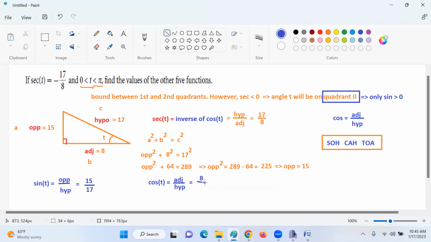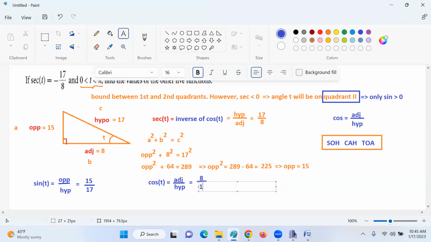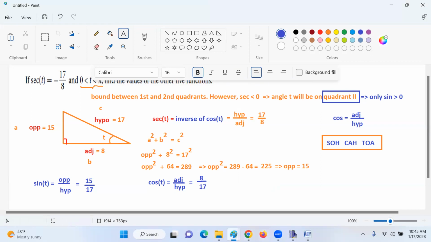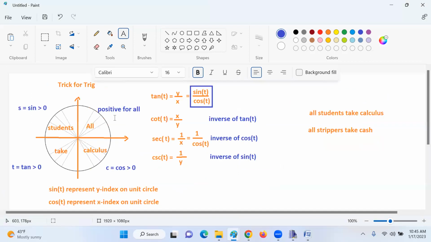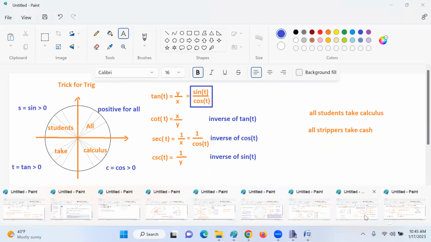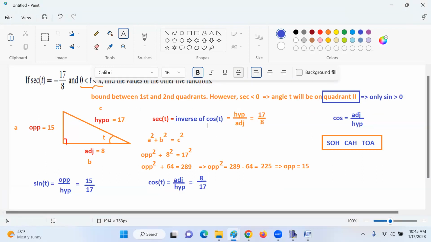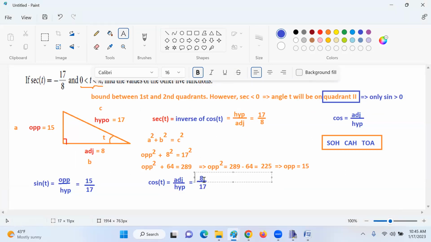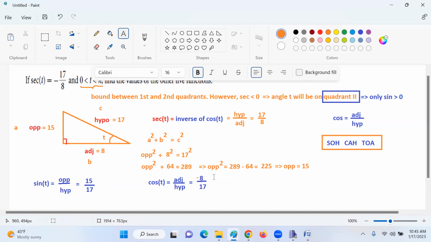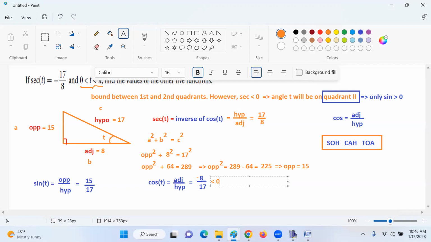Now we've got to be careful, because this cosine is actually negative on the second quadrant. The x is going to be negative, and this x is the cosine. So it's negative in the second quadrant. So this one should be negative 8 over 17.